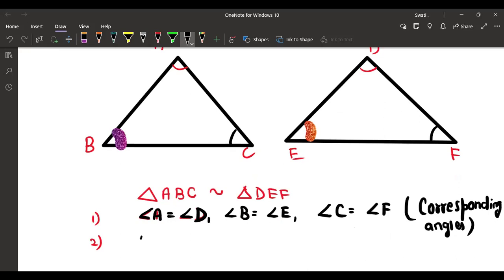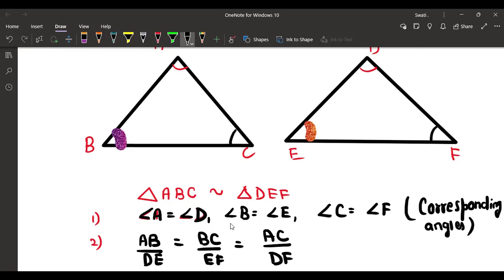I'll simply explain. If you write the side AB upon DE equal to BC upon EF equal to AC upon DF, do you understand this? This is called the corresponding sides are proportional.